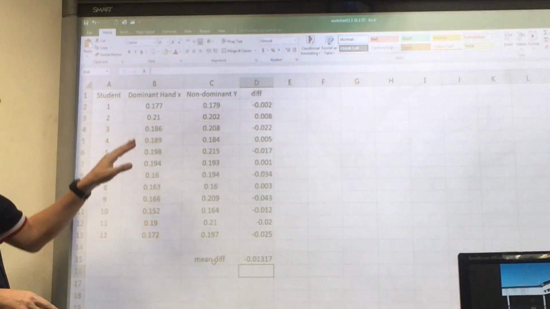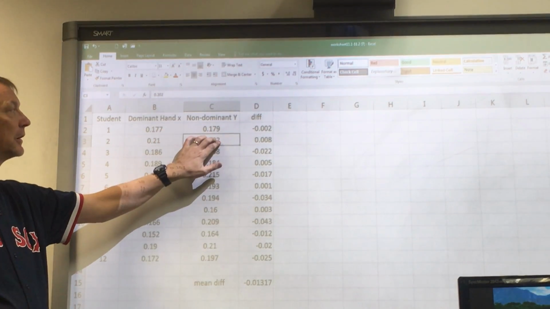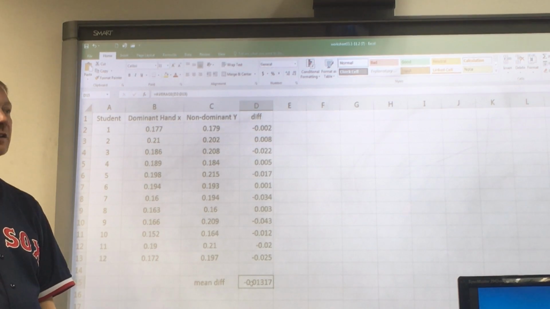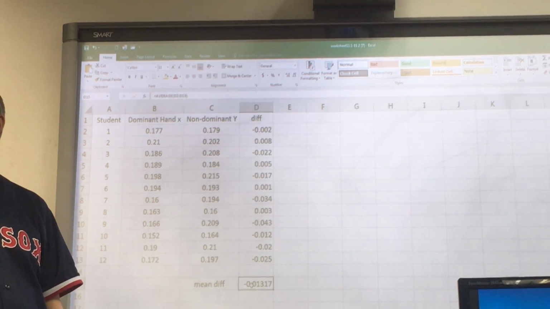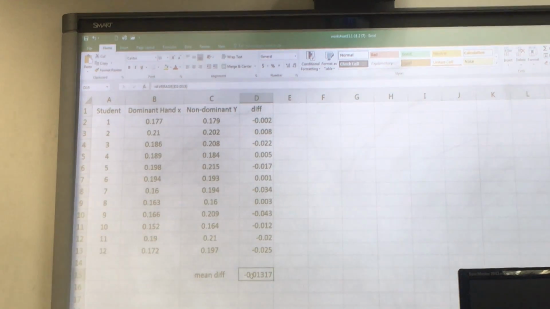Faster. So if I'm taking your dominant hand, the faster, minus the slower, would you expect that number to be negative? Yes, you would.